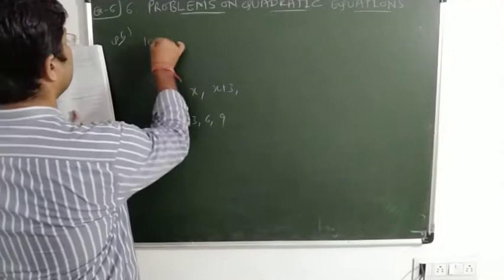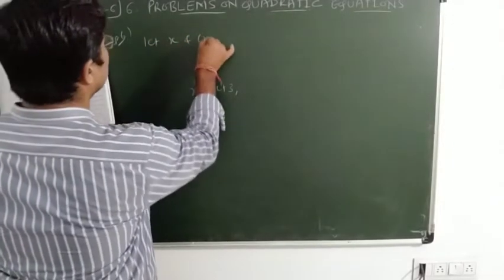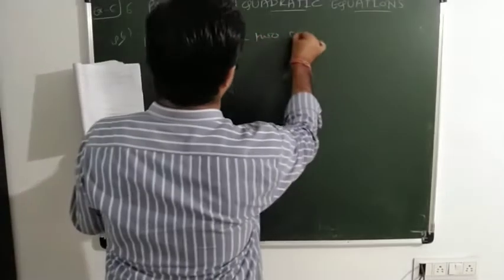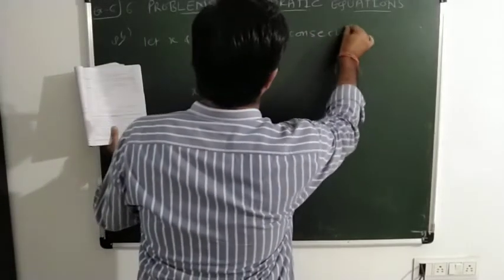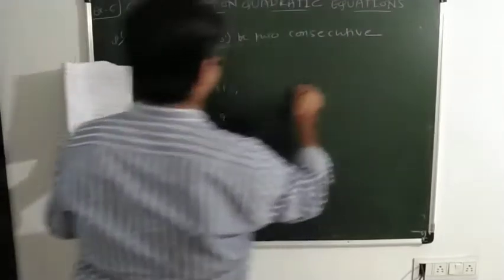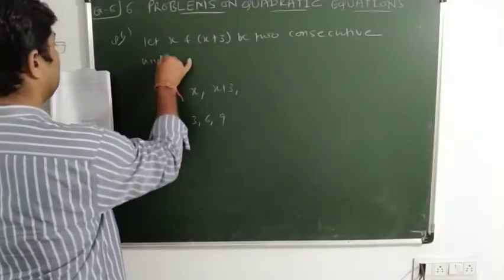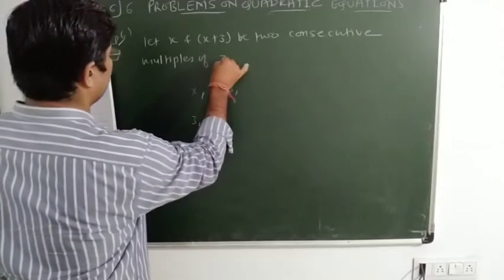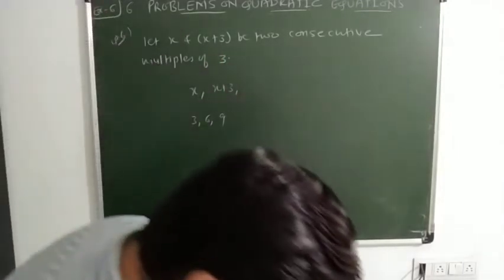So let x and x plus 3 be two consecutive multiples of 3.